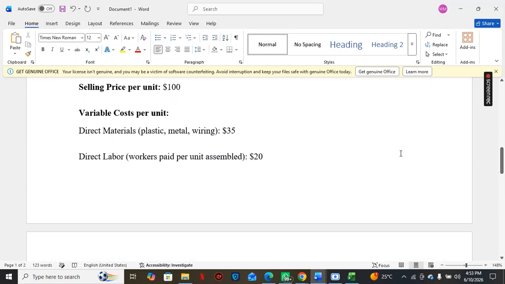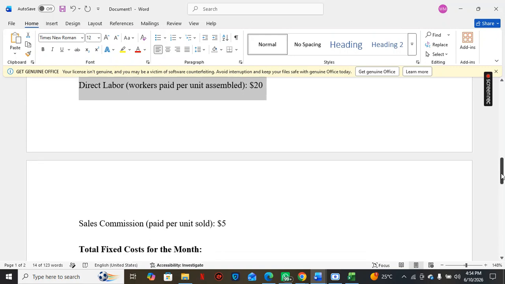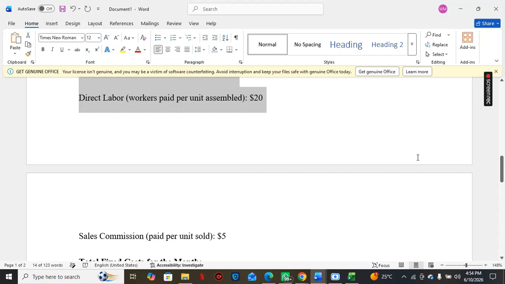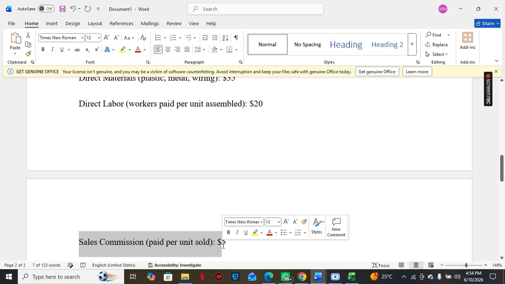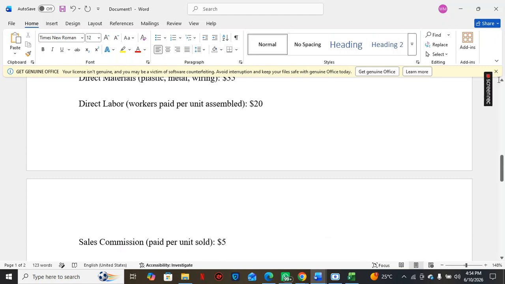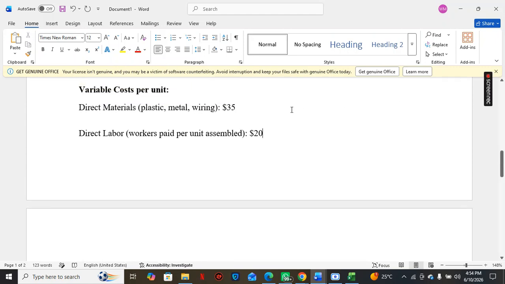Here on our variable costs, we've got direct materials, $35, and direct labor, $20, so just those two. Sales commission is not a production cost, but it's also a variable cost, so we'll include it later. When tabulating the cost per unit, focus on the production costs.